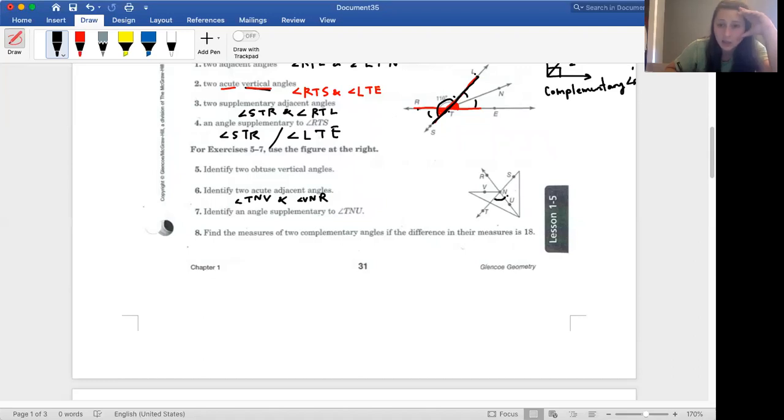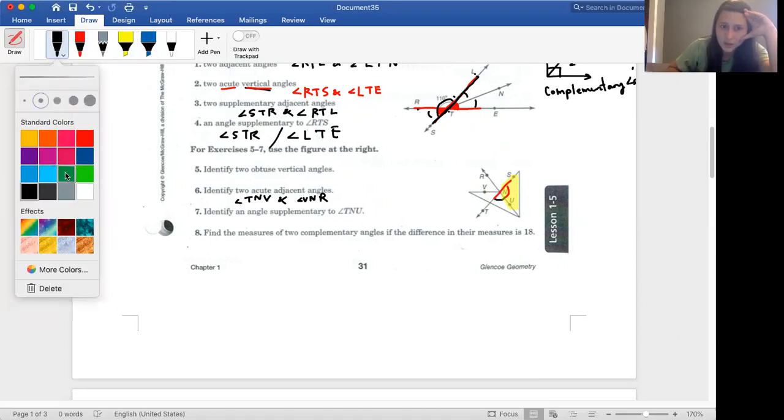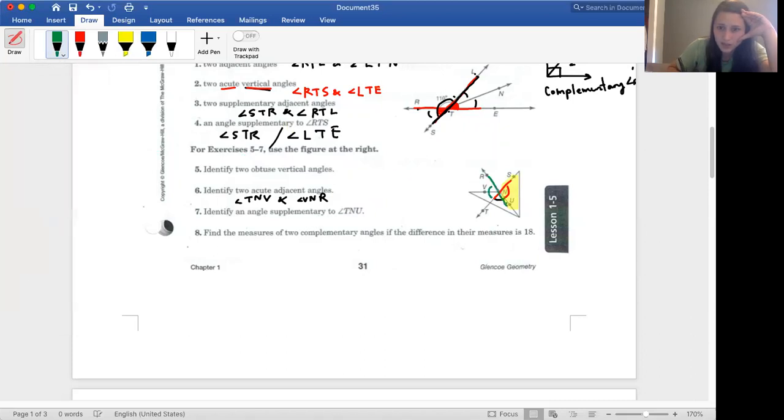So you could use either this angle here, because it creates that line, and I probably shouldn't use that highlighter, or you could use this angle here that makes this line, or this angle here that creates this line right there.